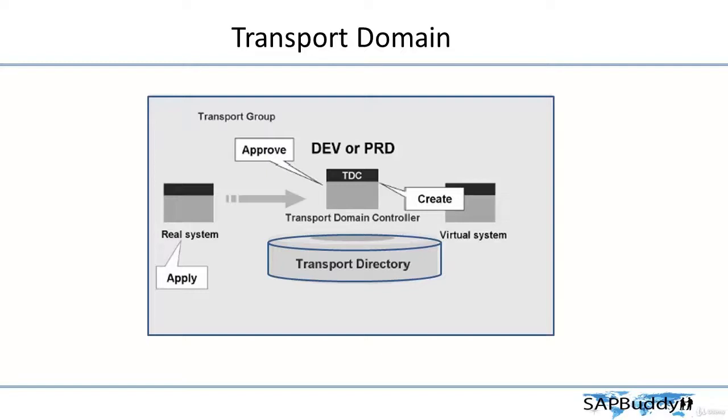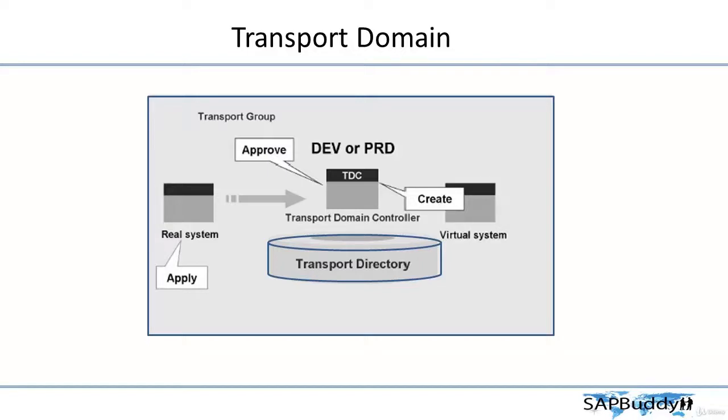So this system will send a request to your domain controller that it wants to be included. When you log into your domain controller and run transaction code STMS, in the initial screen you will see that there is an inclusion request coming in.